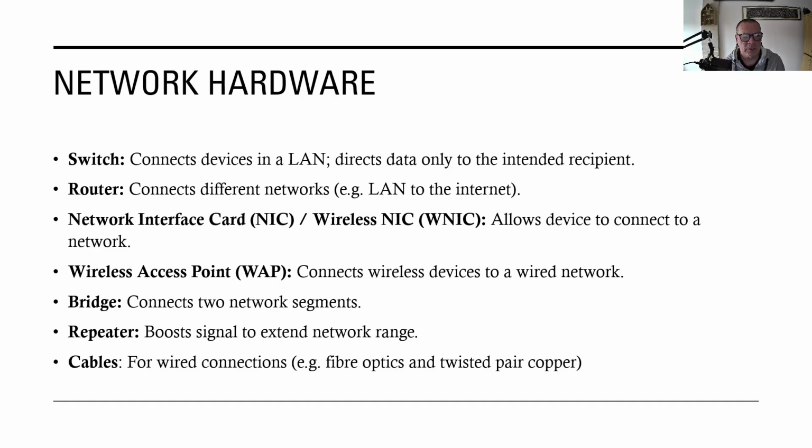So sometimes you need a booster or extender in order to help with that. And then you've got the cables themselves. Of course, this is all hardware, and hardware is the things that are physical devices or components, things that you can touch. So included in that is cables. And again, we have things like fiber optic cable and twisted pair copper cable.